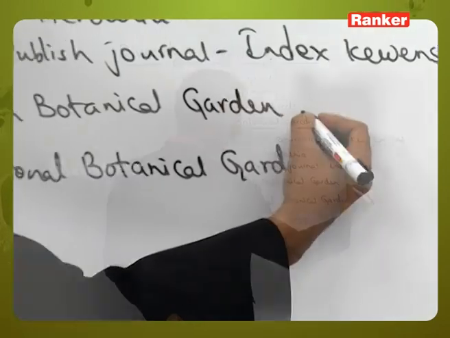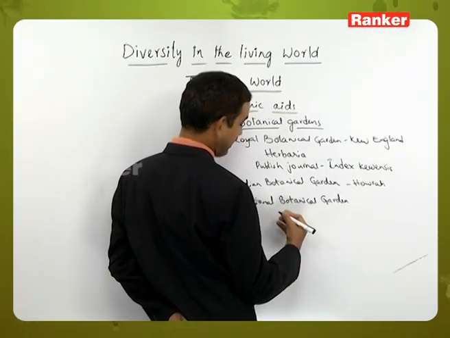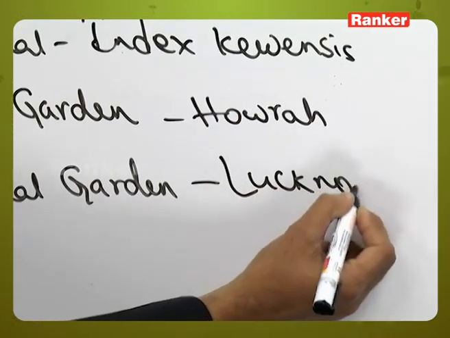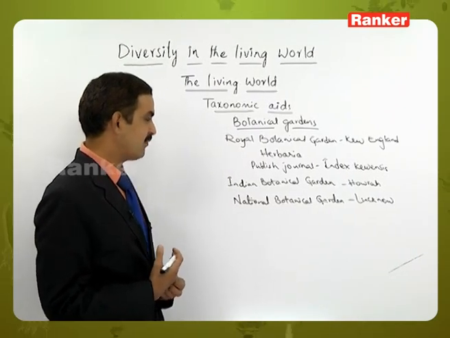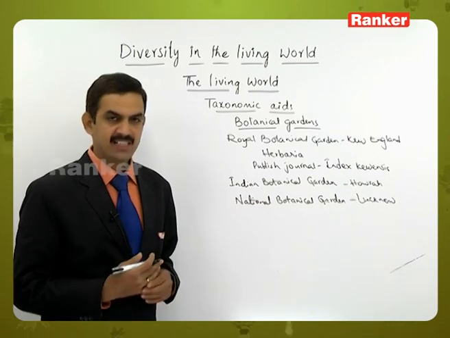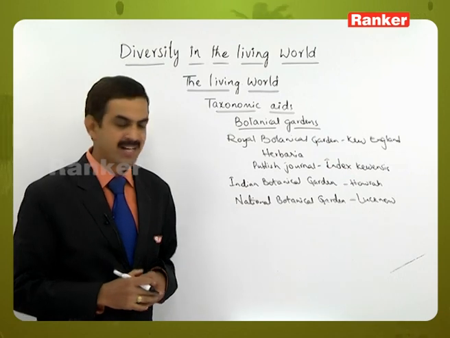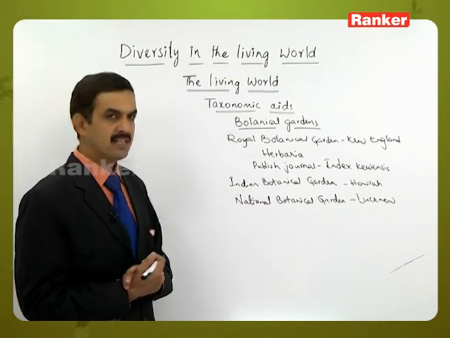The Indian Botanical Garden is present in Howrah, that is Kolkata, and the National Botanical Garden is present in Lucknow. So these are the two nationally well-known botanical gardens present in India, where the plants are grown, and along with that, the nationally known herbarium is also preserved in these two botanical gardens.